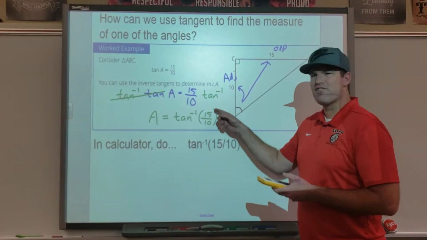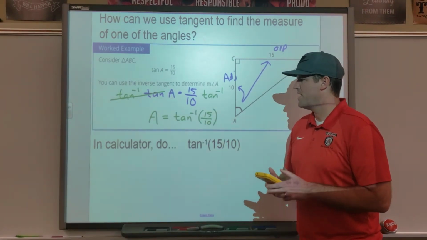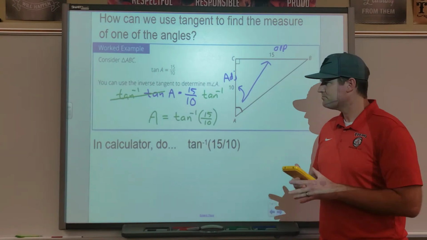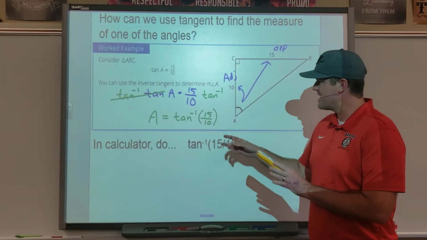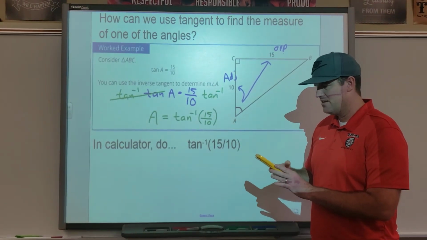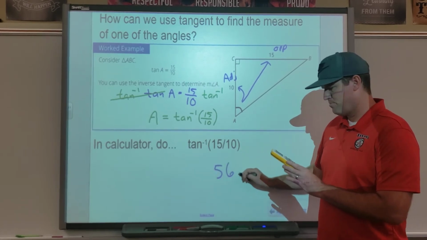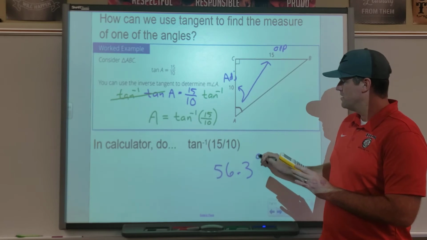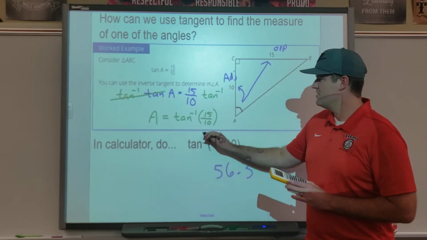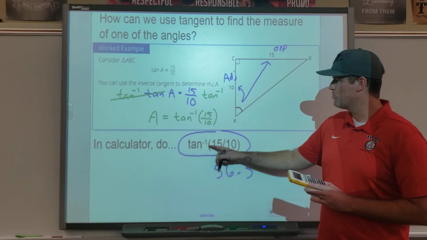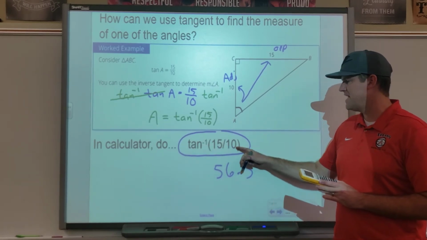But I like just leaving the fraction there. It's going to be helpful when we have problems that are very decimal filled. But anyway, I do inverse tangent of 15 over 10, and I get 56.3 degrees. So again, in your calculator, you're going to do inverse tangent of parentheses 15 divided by 10.